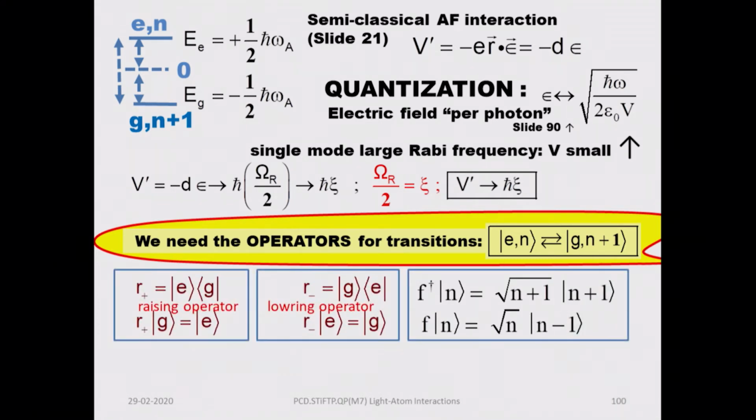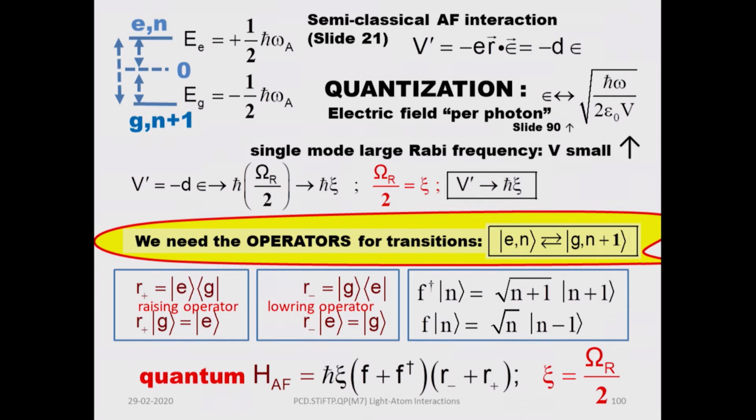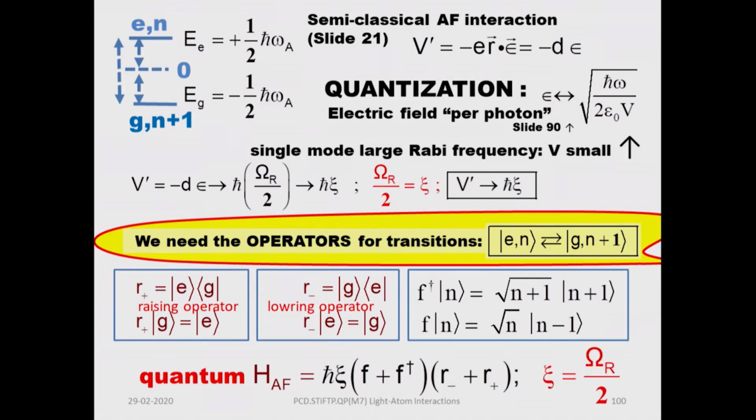So, these are the raising and the lowering operators that we have seen, and these are the creation and the destruction operators for the photon, right? You have them in front of you, and in terms of these you can now write the quantum description of the interaction between the atom and the field. The quantum description of the interaction between the atom and the field will be proportional to this h cross xi, which is scaling this interaction term, which is the product of the dipole moment and the electric intensity, which we know is proportional to the Rabi frequency.